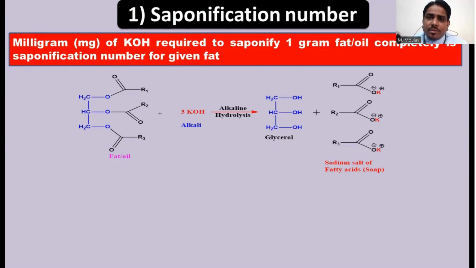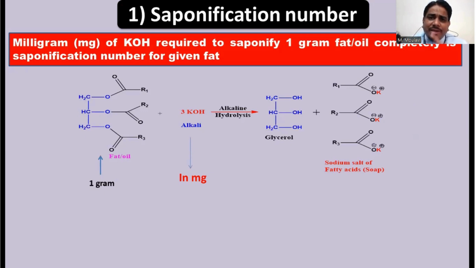So here the conditions are specified for the saponification number: fat is taken as 1 gram, and the amount of potassium hydroxide in milligrams required to completely saponify 1 gram of fat. This amount of KOH is known as the saponification number.